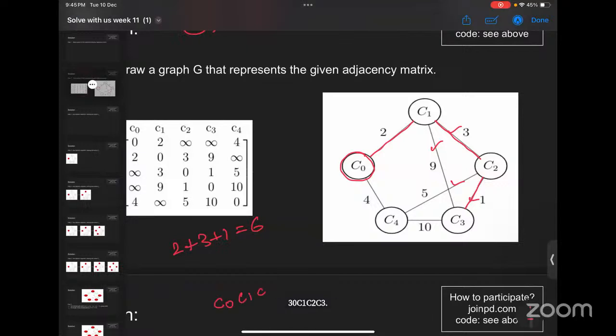Okay, you have to cover all the vertices. So we have to also cover C4. And C3 should be the end. I think 20. C0 to C1, C1 to C2, C2 to C4, and C4 to C3. Okay. This is the answer, right?